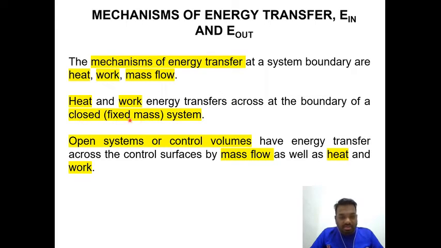That's why in the closed system, we only have two mechanisms of energy transfer, which are heat and work. And in the open system, you have all three. In the open system you have a mass flow, meaning the mass flow has a value, and you can also have work transfer. So you can have all three in the open system.